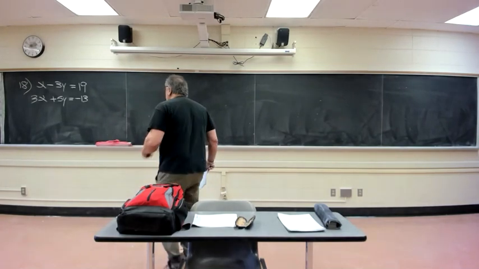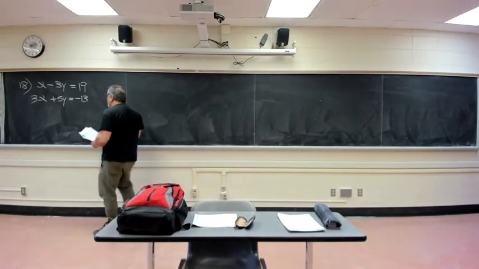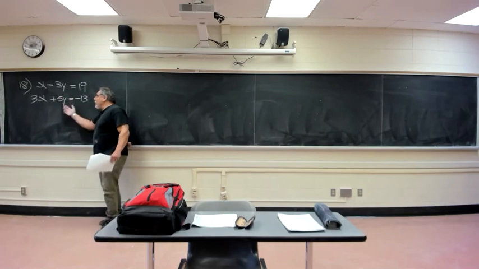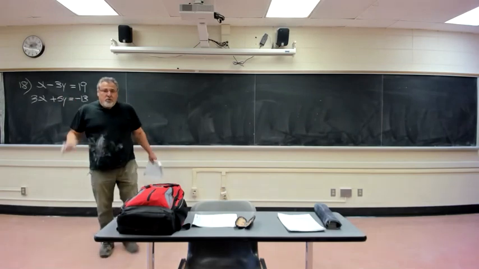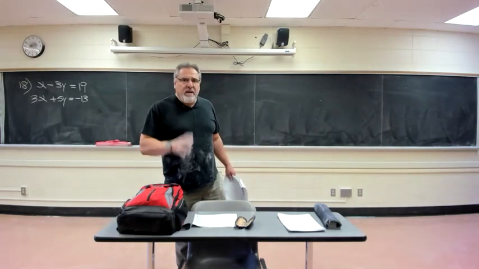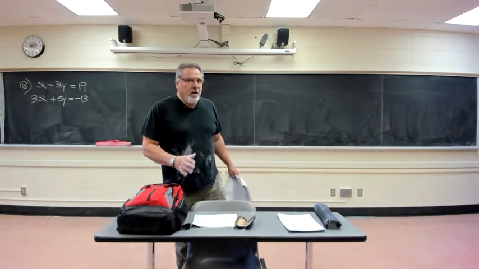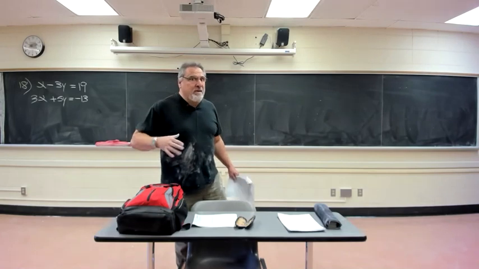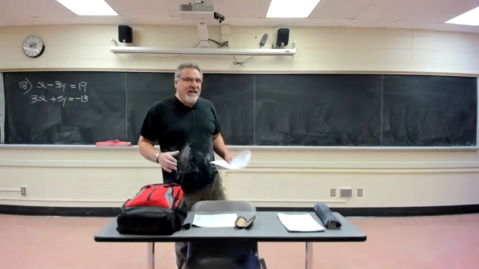The big thing here, you guys, is there are two equations and two unknowns. You always need as many equations as you have unknowns. Independent equations. They can't be the same equation disguised to look different.